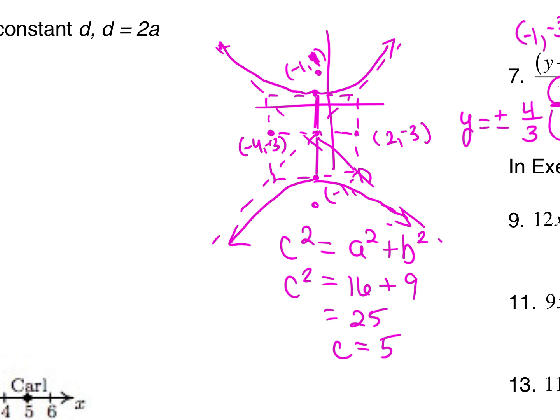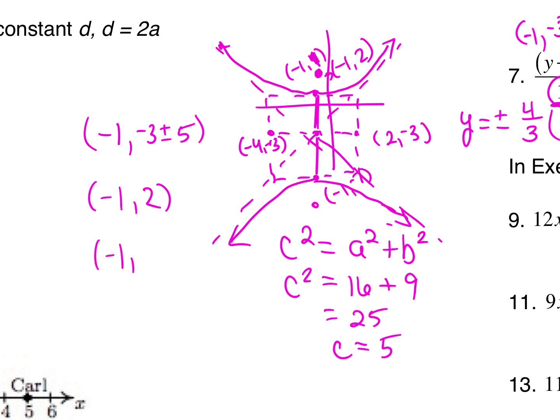So, since it is vertical, I have -1, comma, and then we have what? -3 plus or minus 5. So now let's write that as 2 separate points. I got -1, what? 2. So that would be this point up here, -1, 2, right? That goes with this. And then we have -1, -8. And that would be this one right here. Right? We okay with that?